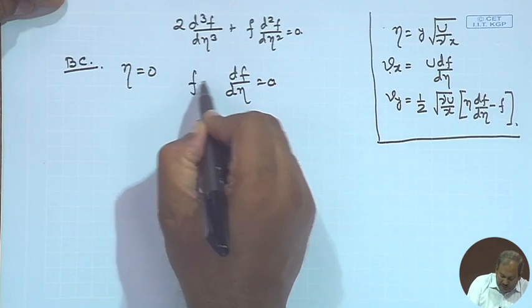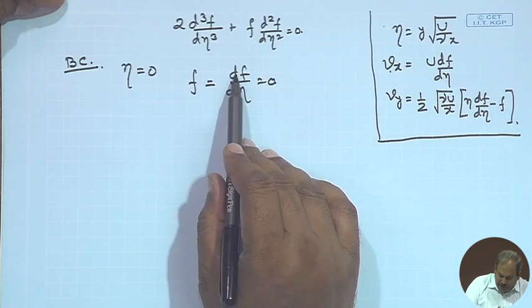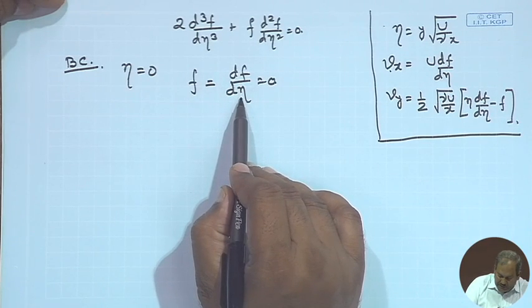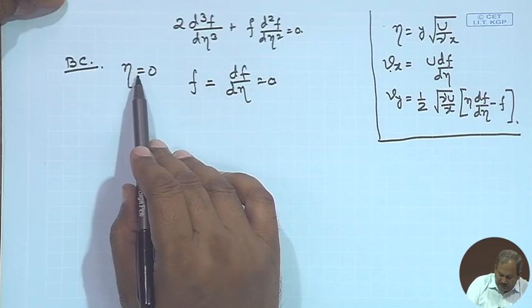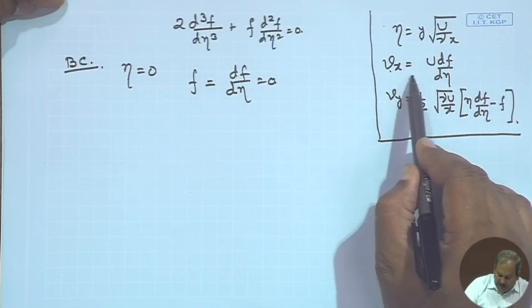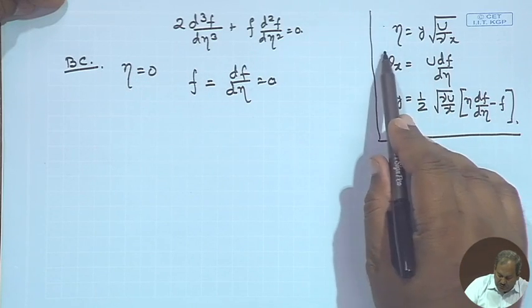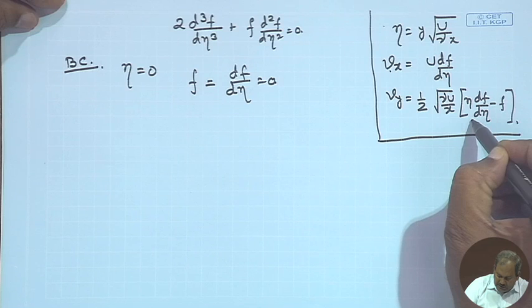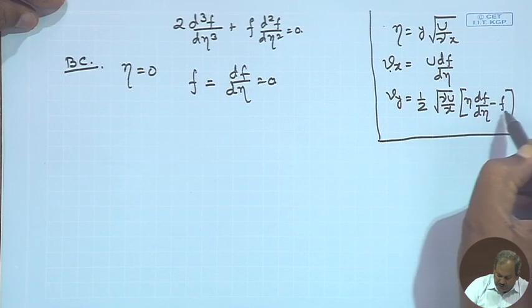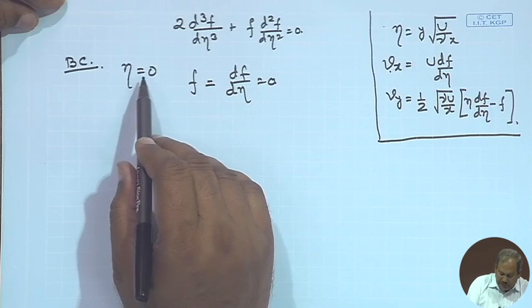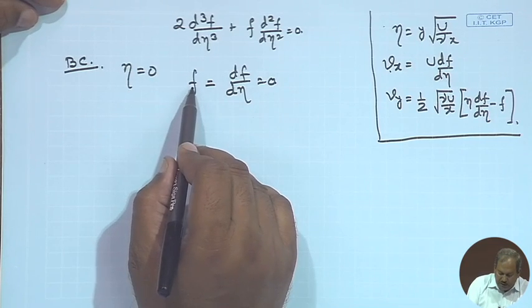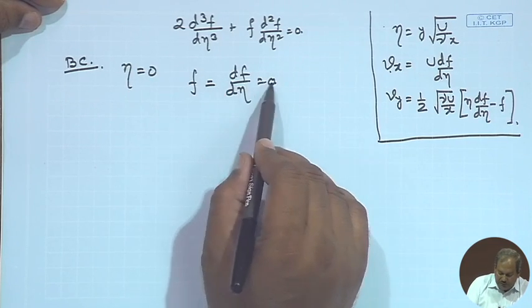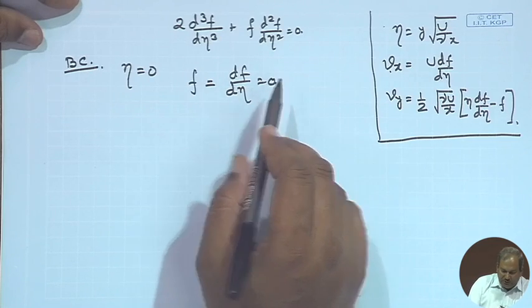Not only is the gradient of f with respect to eta 0 at eta equals 0, which can directly be seen from the expression of Vx, the requirement that Vy will also have to be 0, and since df d eta is already 0, means f must also be 0. So the no slip boundary condition would be f equals 0 and df d eta also equals 0.